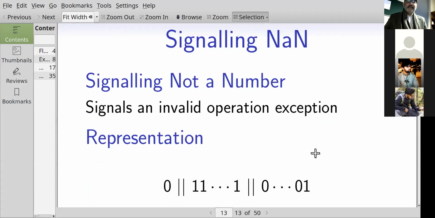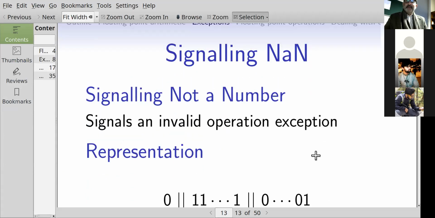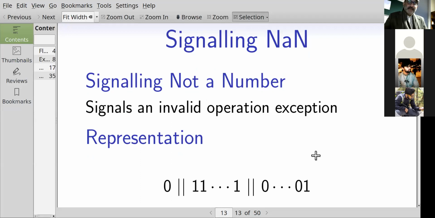So when silly things are happening, when you've done something bad, there should be some way of warning you. Somewhere along the line, something has happened. You've, I don't know, divided by 0 or something.